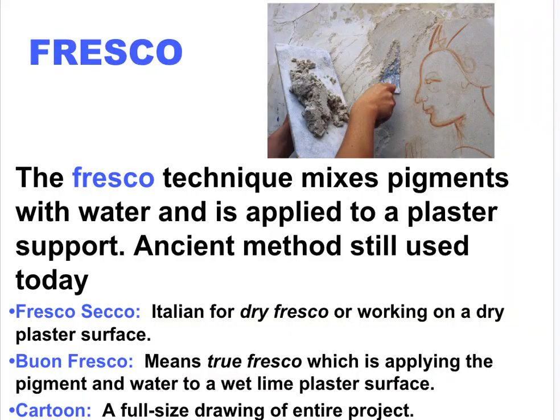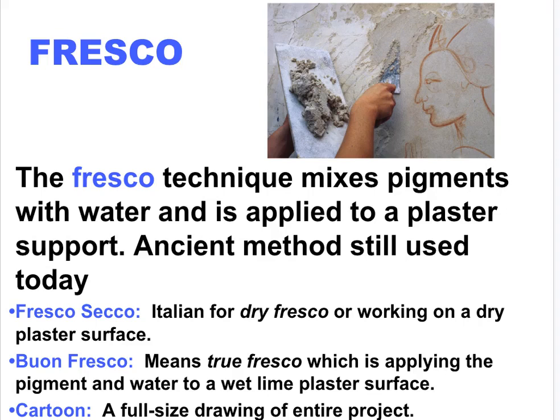The next technique, fresco, is kind of similar and also not a super frequently used painting technique currently. It is used today, but it's definitely more of an ancient method. So the definition for fresco is a technique where it mixes pigments with water and is applied to a plaster support.